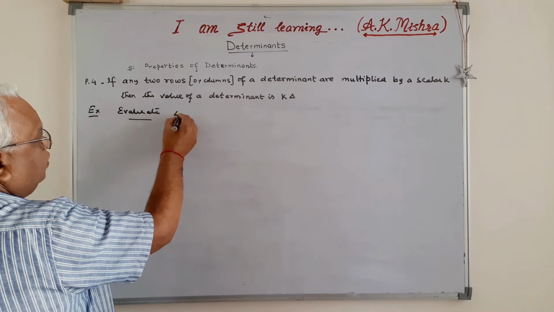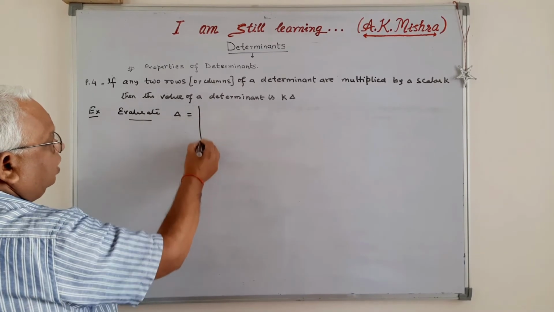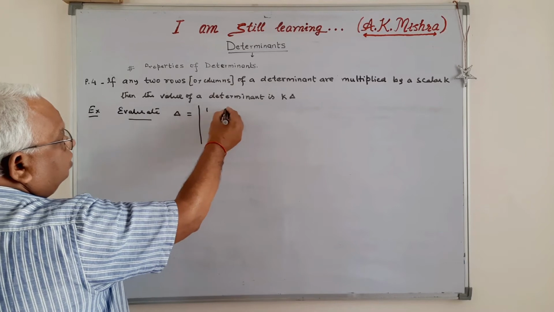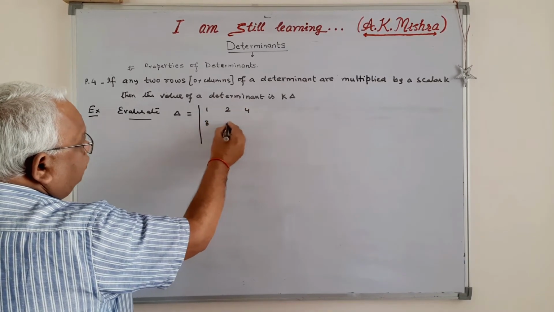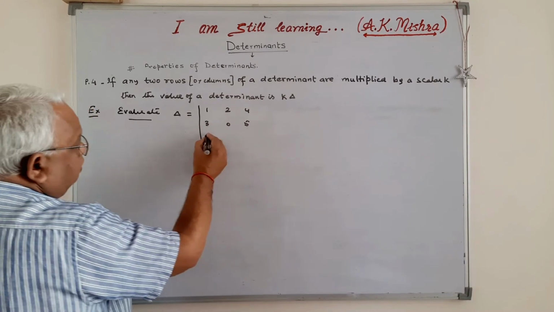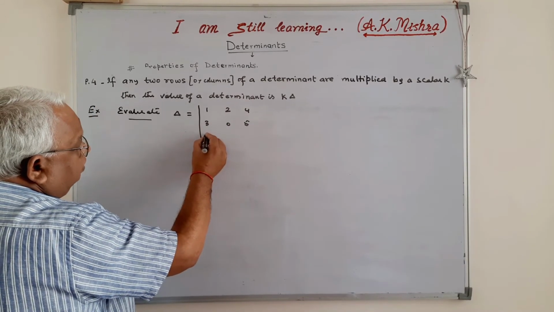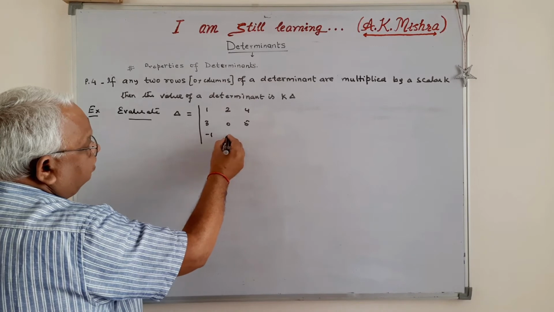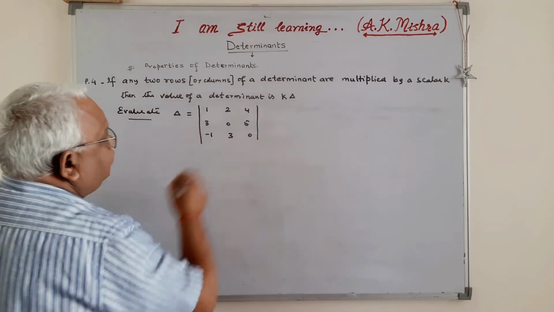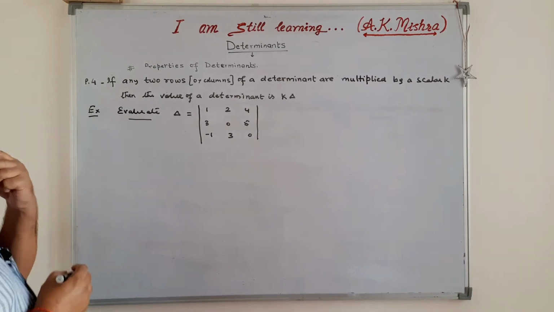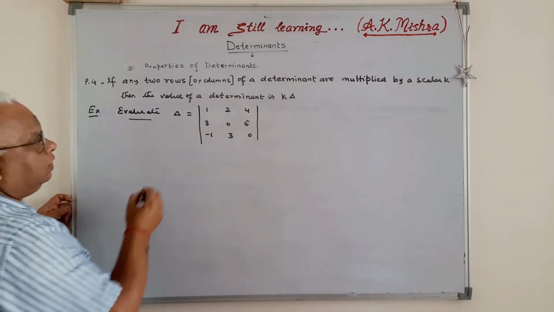Since you need to understand this, you can create yourself 1, 2, 4, 3, 0, 5, minus 1, 3, 0. Suppose this is the determinant.